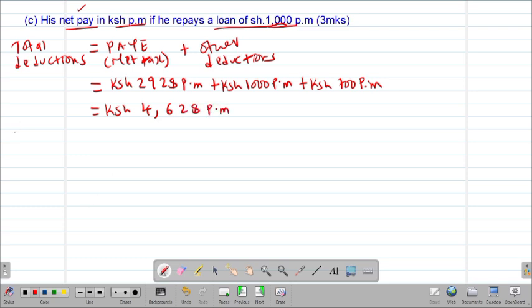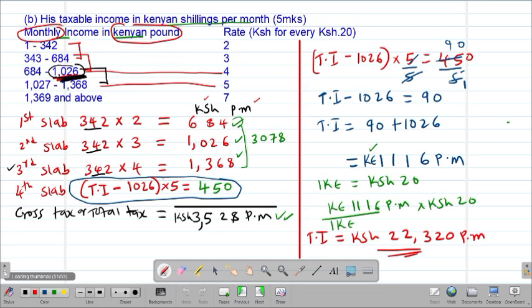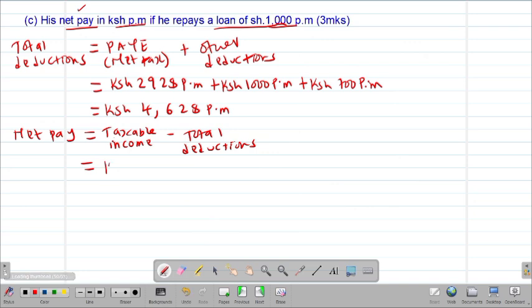Therefore, to get the net pay, we usually take the taxable income, then we less total deductions. So this will be equal to taxable income. We had already gotten it in part B, which was Kenya shillings 22,320 per month. Then minus total deductions.